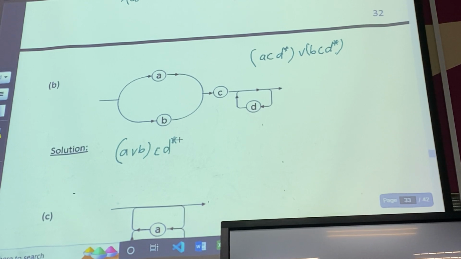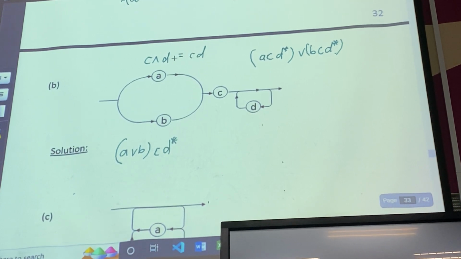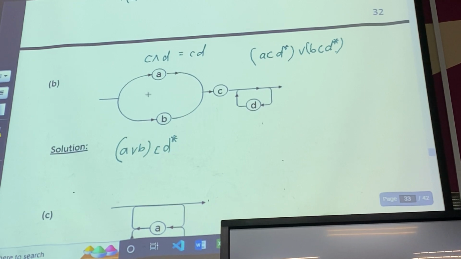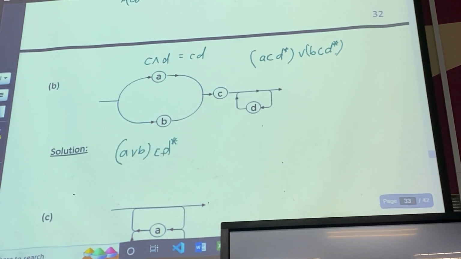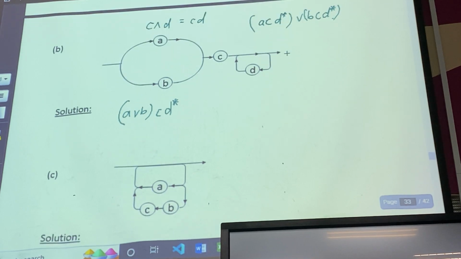In the regular expression, we don't need to write the AND. But if it is OR, then you need to write it, because A or B you need to write like this. Why do we put it in a bracket? Because every time you go through here, you will choose either A or B. Then only you go to C, then only you go to the loop D. Okay?